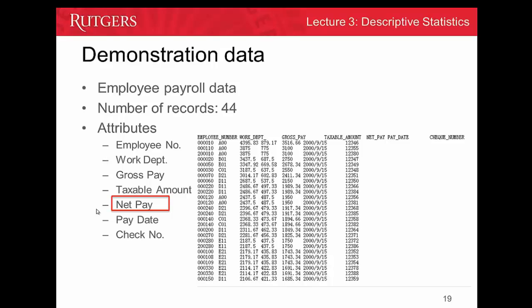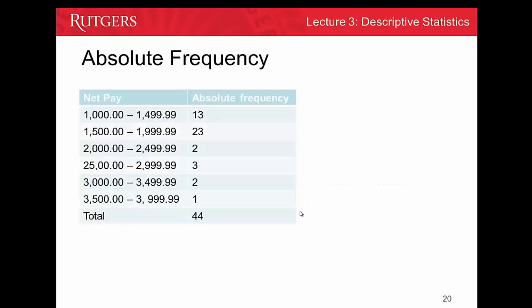Then we try to group the values in the net pay attribute into 6 groups. The range for each group is 500, so here are the groups. The first group is from 1,000 to $1,499.99, and then the second group is from 1,500 to $1,999.99, and so on.